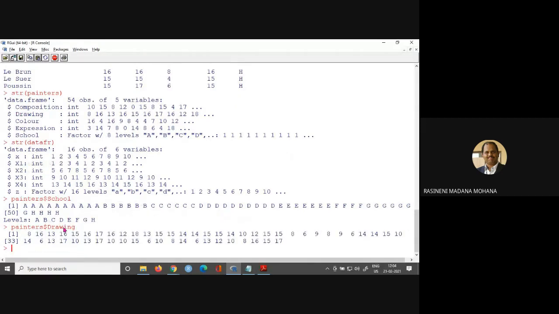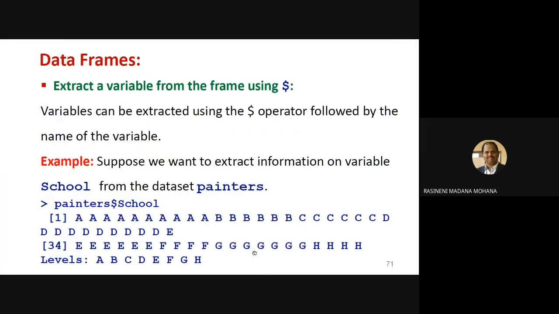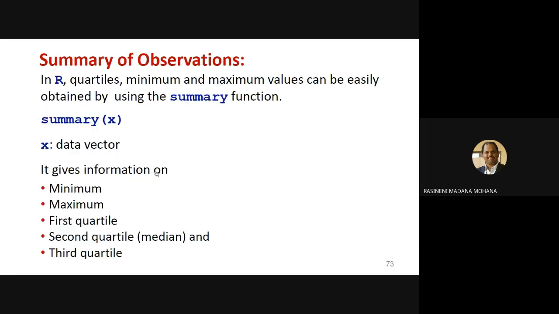Now you can see all the drawing attribute values are displayed here. So like in our SQL select command, if you want to select a particular attribute or column, in R directly database name dollar the attribute name displays the particular values.